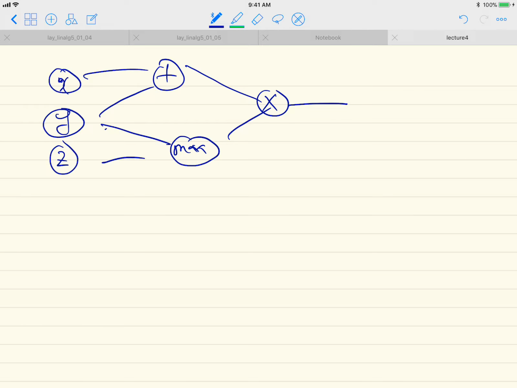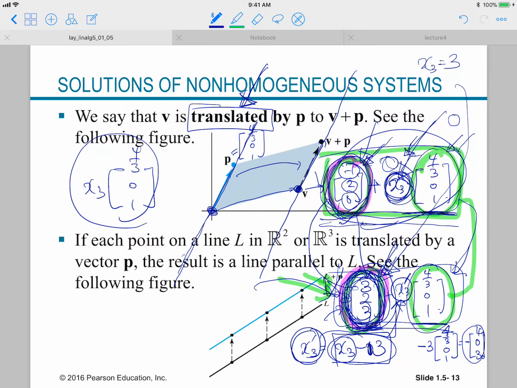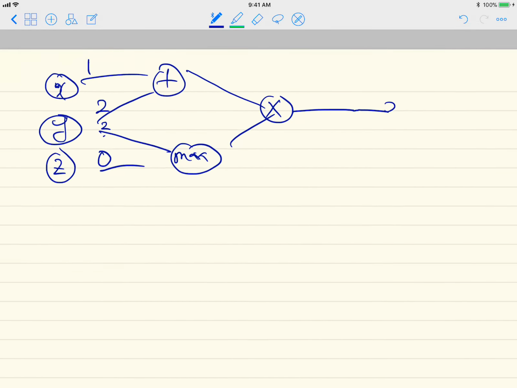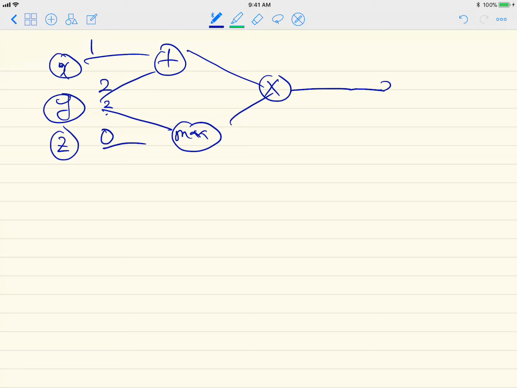The values are 1, 2, and 2, and 0. Here we can first do the forward propagation on this computational graph. Let's fill out the forward propagation: 3, and then the max is 2, and then it will be 6.